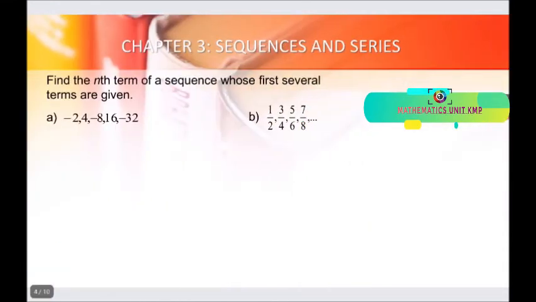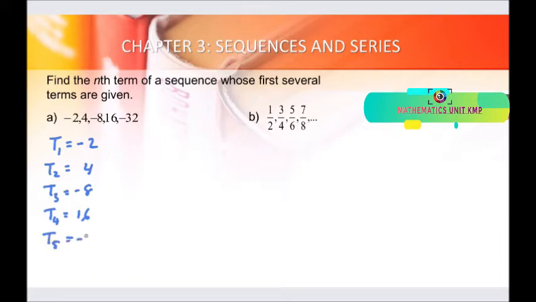Next question. Find the nth term of the sequence whose first several terms are given. Okay, for the first sequence, -2, 4, -8, 16 and -32. So let's rewrite first. The first term, -2, 4, -8, 16, and the last term here, negative 32.